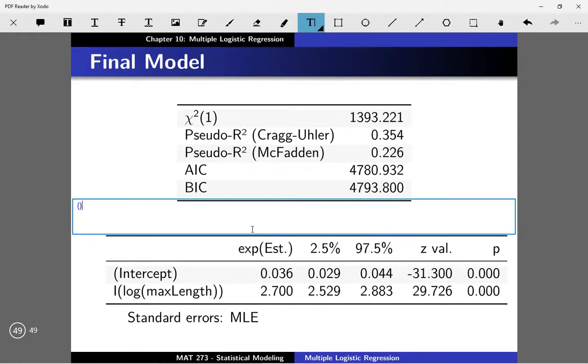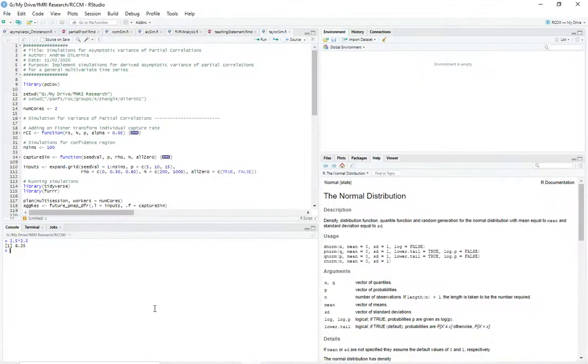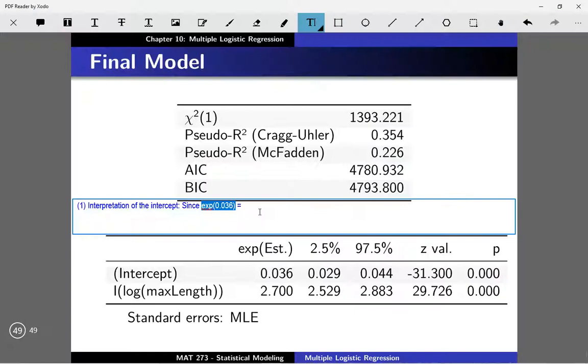Okay. So first, I'll give the interpretation of the estimated intercept. Since the intercept is 0.036, and I'm going to use R to calculate this value and round that off.